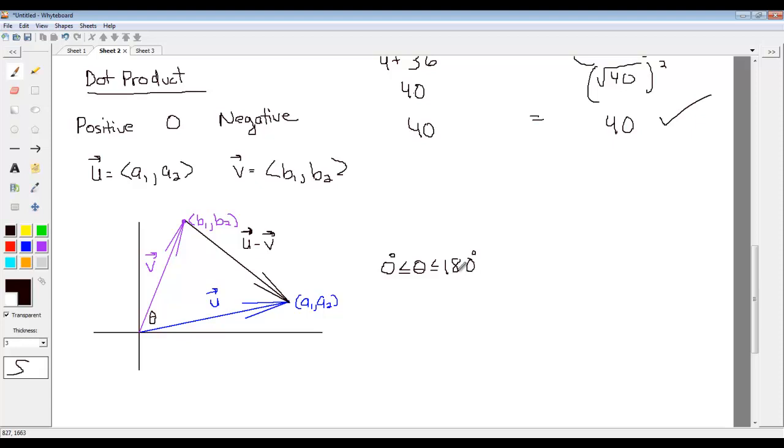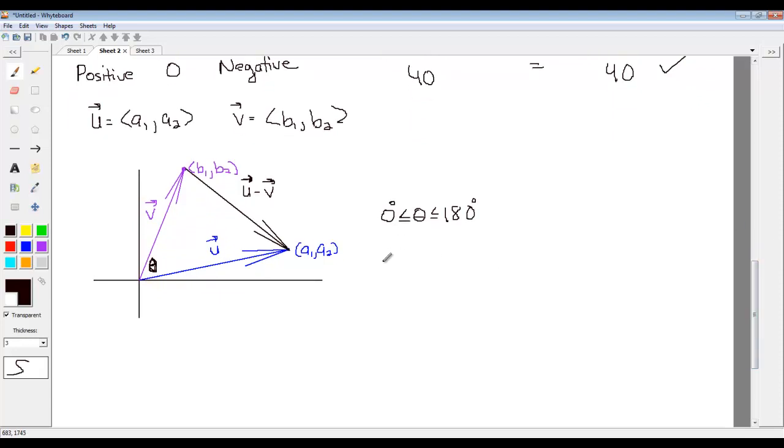So with that in mind, we can use the law of cosines here, because basically we have a triangle. We can use the law of cosines to develop a formula for finding theta, and it's going to be related to our dot product. Okay, so law of cosines, we have the side opposite theta is u minus v. So the length of that side is the magnitude of u minus v.